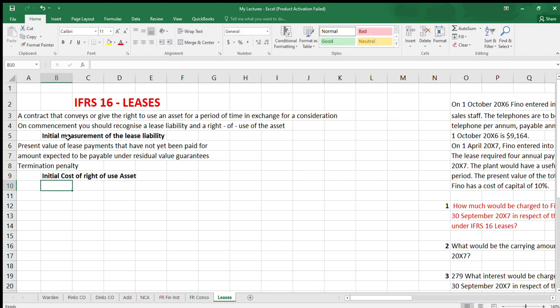So the right to use the asset, we have to also recognize that. It's the same thing. You see, this one is a liability.